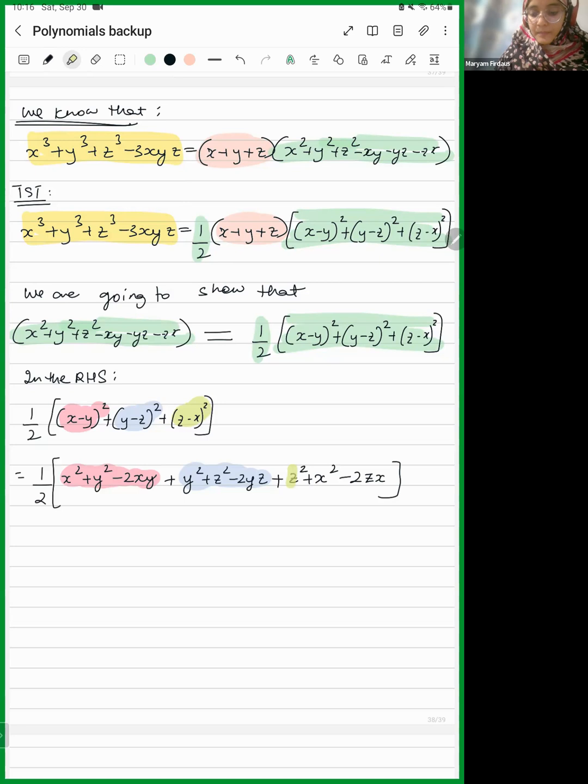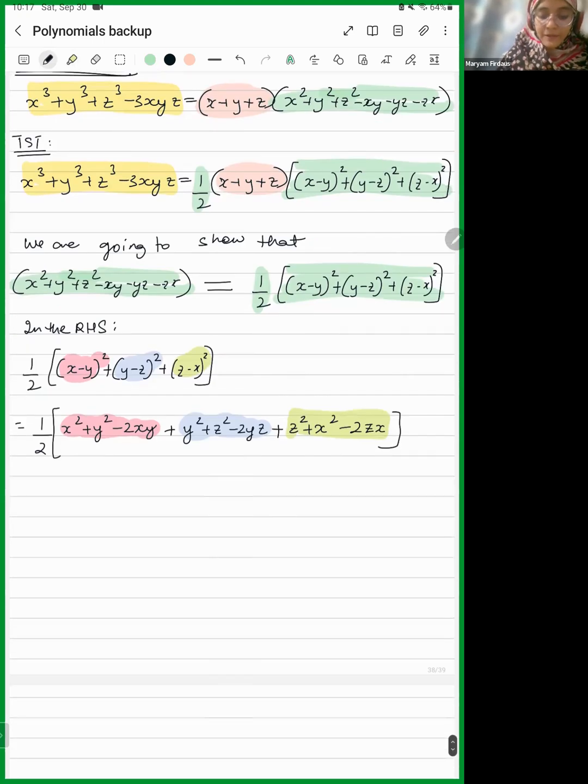Ma'am, now I understood it. Good. So from here, what is happening is the half is as it is. We'll take all of the x squares, y squares, and z squares, and we'll take the 2 common because it becomes 2x square, 2y square, 2z square.